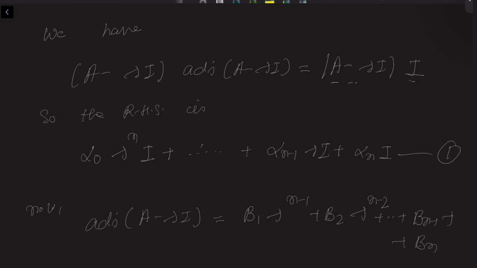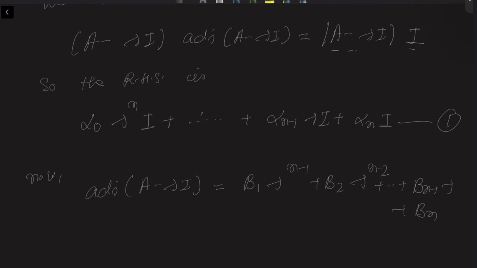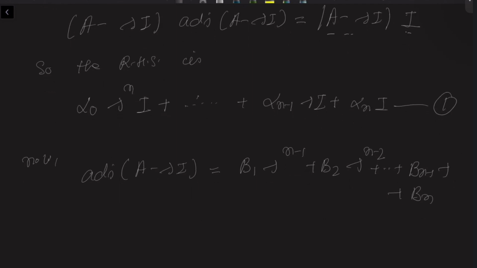Exactly what these matrices are, we are not bothered about, but it comes in this form. This is what is important. What exactly it will be depends upon the matrix, where these B1, B2 up to Bn are matrices.